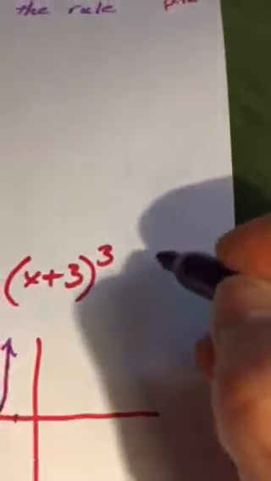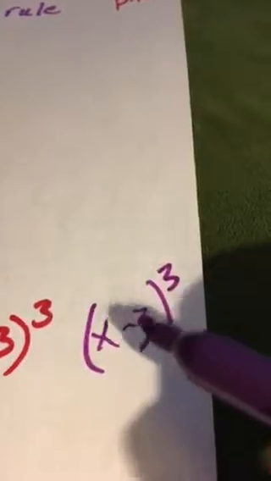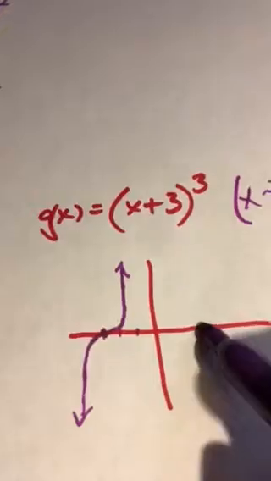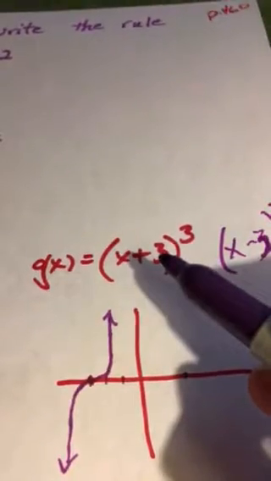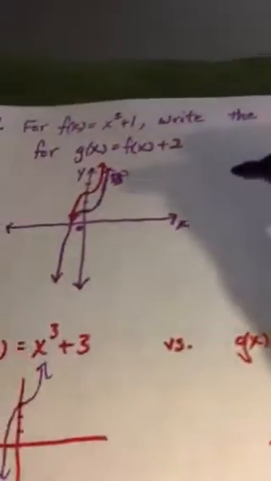If it had been x minus 3 quantity cubed, then you take the opposite, plus 3, and shift it 1, 2, 3 to the right, and then you'll have your curve here. But since it was a plus 3 in the example I gave, you shift it to the left. Like I said, take a look at page 460 and it goes over that.